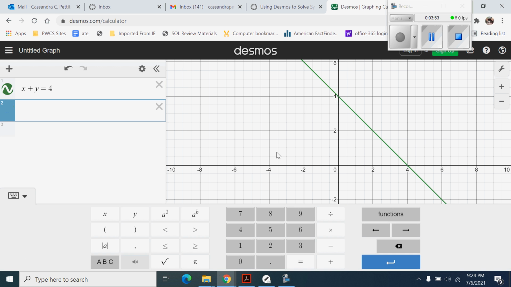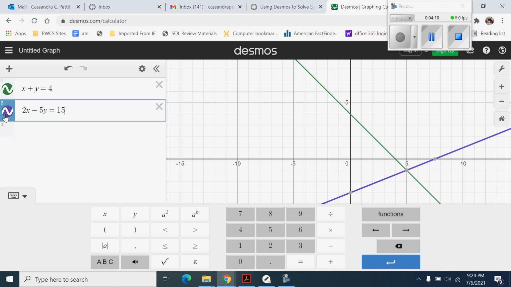All right, and let's say I wanted to see if there was a solution to this system where I have 2x minus 5y equals 15. Okay, as you can see, they've highlighted each line in appropriate color. The first line is in green and the second line is in purple.